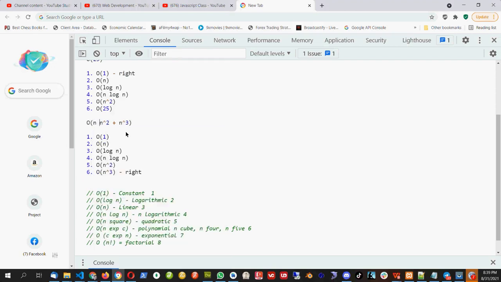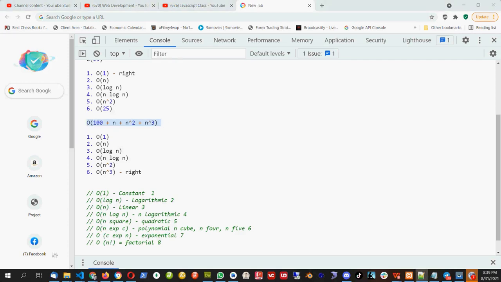If we have another n here, then we have to ignore n also. This is the n cube complexity. If we have a constant here, like 100 plus n square plus n cube, then also we have to ignore all these three and consider n cube as the complexity of this equation. Okay, hope this is clear.